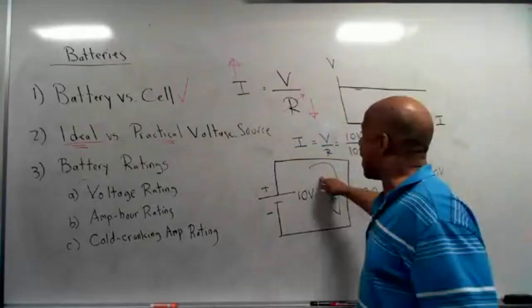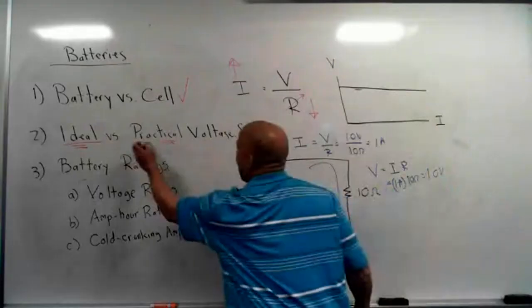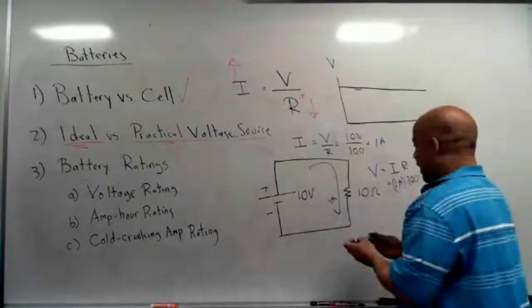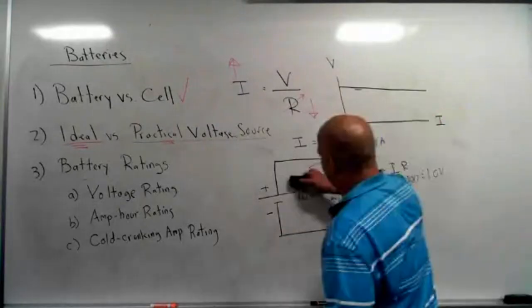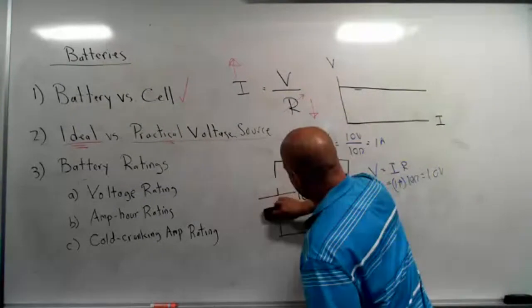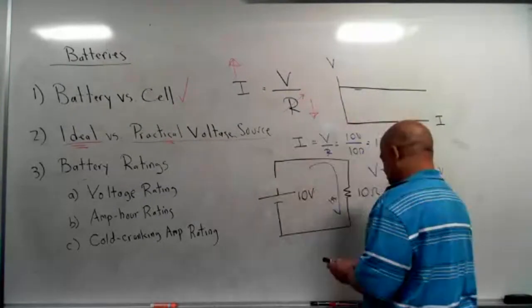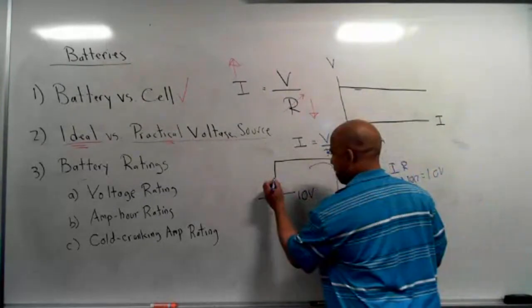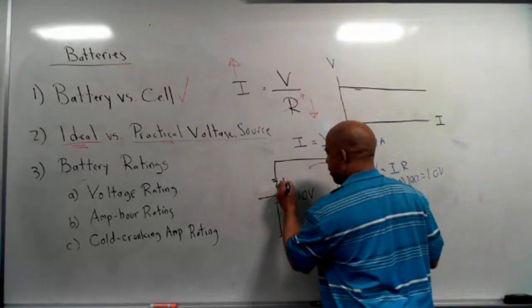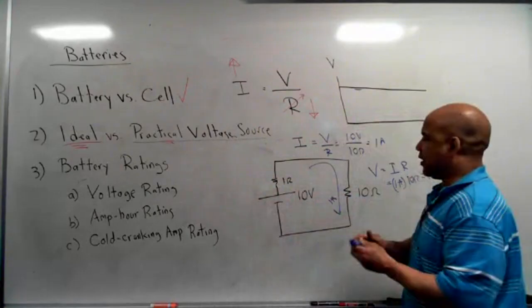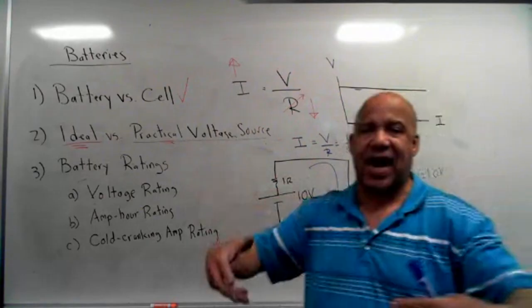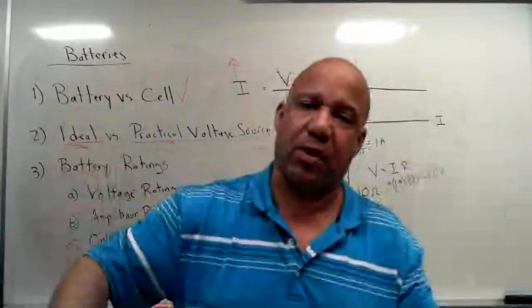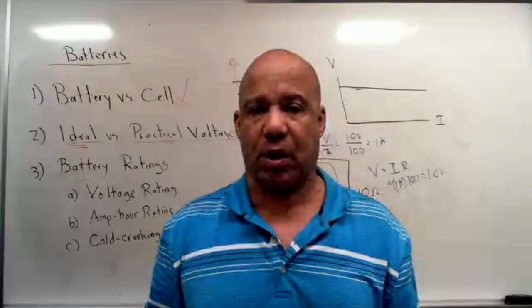So now let's do the same problem using the actual or practical voltage source. Instead of having this, you might have something like this. Let's say our voltage source, we'll have a small internal resistance of 1 ohm. So all the stuff that makes up that battery inside, if you add up all the resistance of the chemicals, the plates, it adds up to 1 ohm.